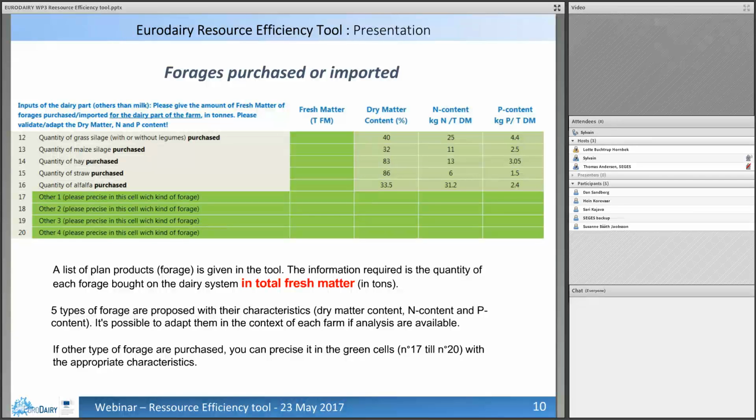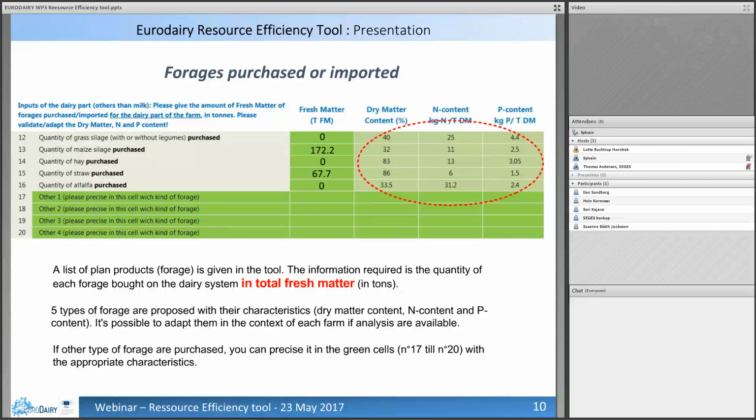In the Dairyman project, for example, we just use this information, but of course, if you have a specific value on your farm, it's possible to adapt the information to your context. And if on your farm other types of forage are purchased, you can specify it in the green cells from the line till the line 20.